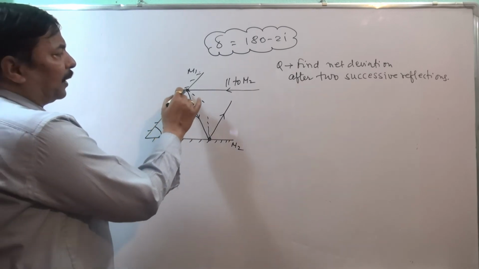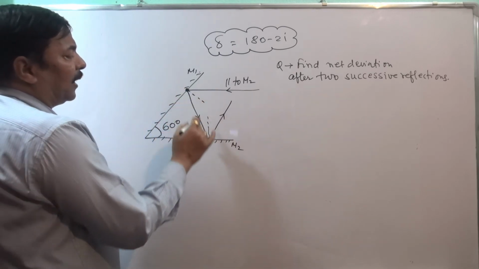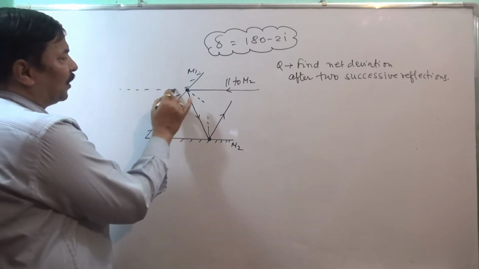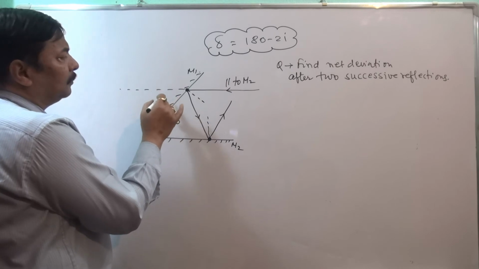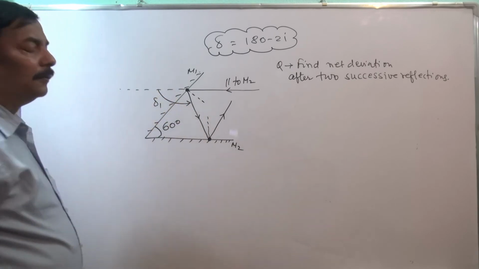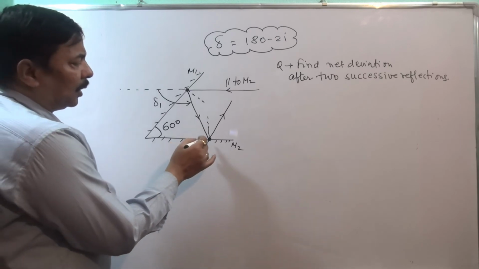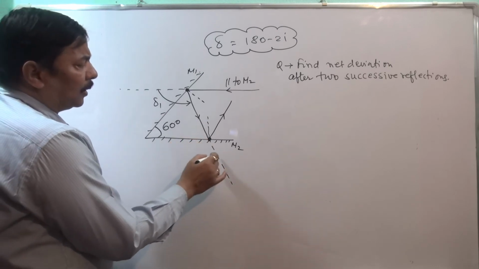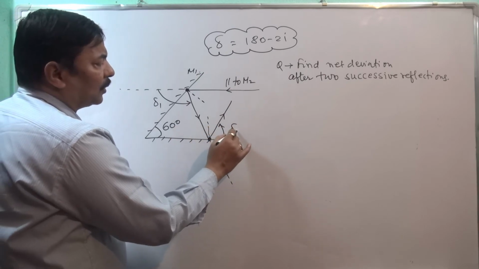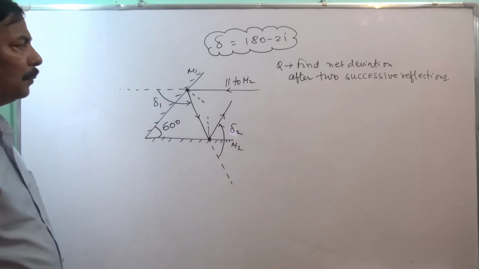So there are two reflections. First reflection is taking place here and second reflection is taking place here. If we see the incident ray direction, this gives you the first reflection delta 1. If you see the incident ray here, this gives you the second reflection delta 2.